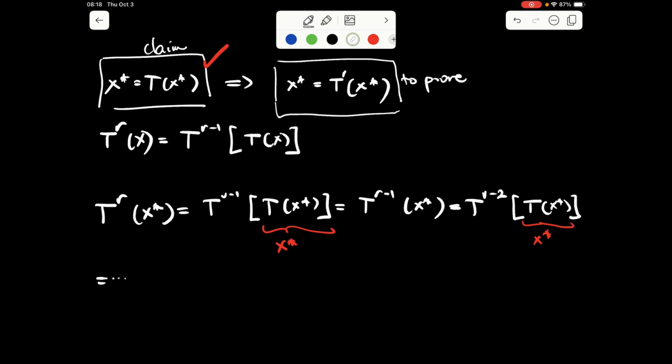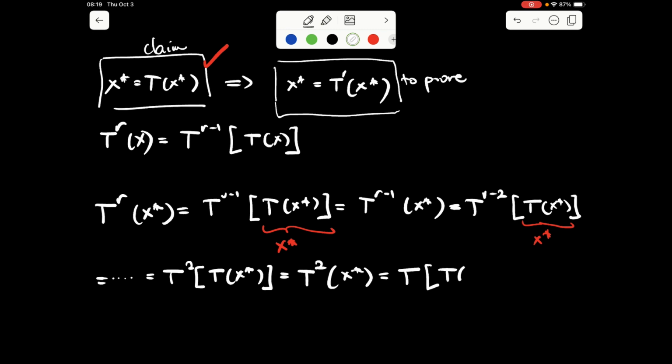So we do this in successive steps, in finite steps, and in the end we will receive this phase. We use again the fact that the point is a fixed point, and we are approaching the finish line.